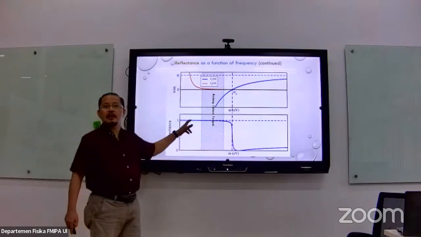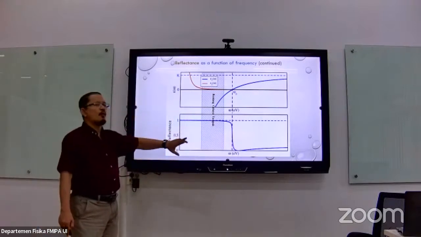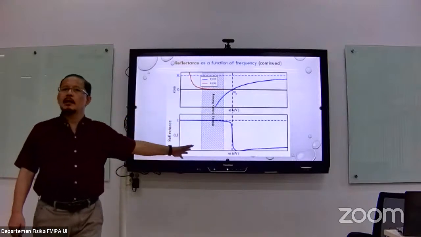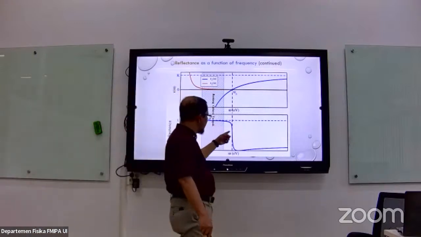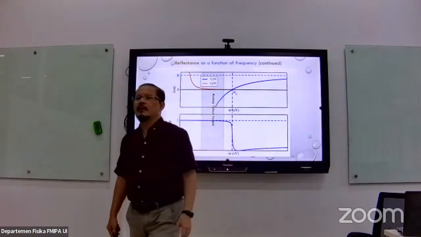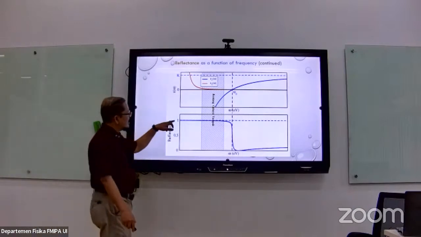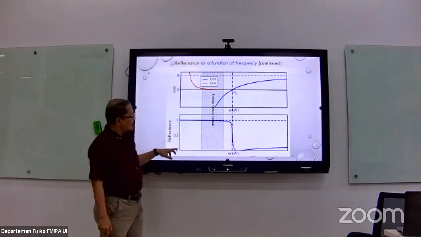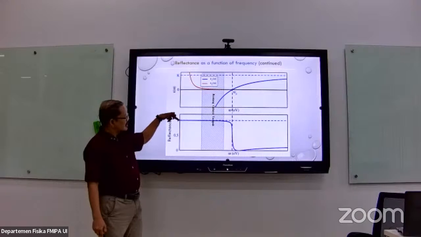The reflectance that I obtained from the formula I showed before gives us this kind of behavior. Look, what is interesting? Look at the value. When omega is so small, the value of the reflectance is near 1.